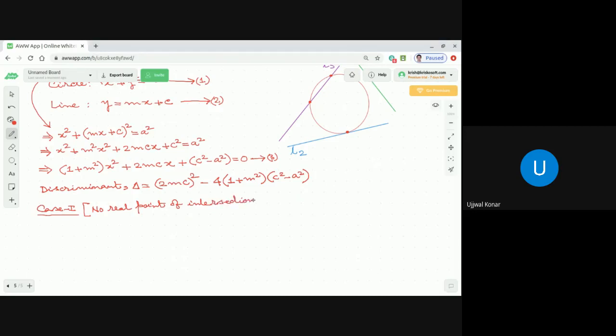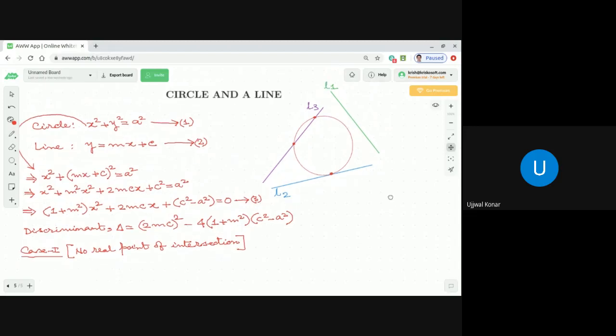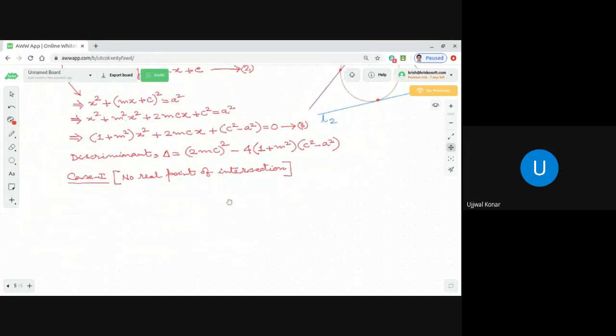That means, based on our symbolic representation, it is like the straight line L1. So if there is no real point of intersection, then this delta has to be less than 0. Delta has to be less than 0.